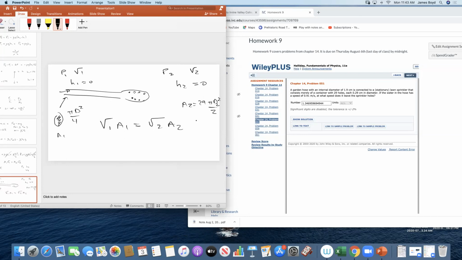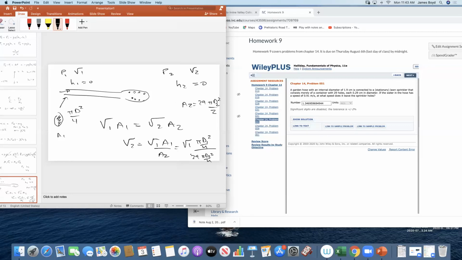That gives you the full area 2. They gave us V1. So we see that V2 is V1 A1 over A2. And if you do this, you get pi D1 squared over 4 over 29 times pi D2 squared over 4. Pi, for sure, cancels, plug in your numbers, and you're all good.